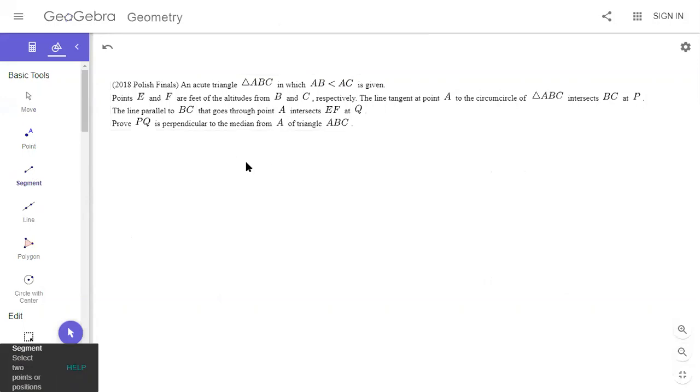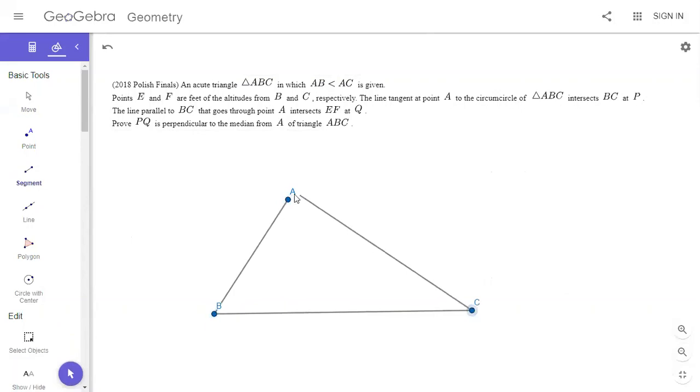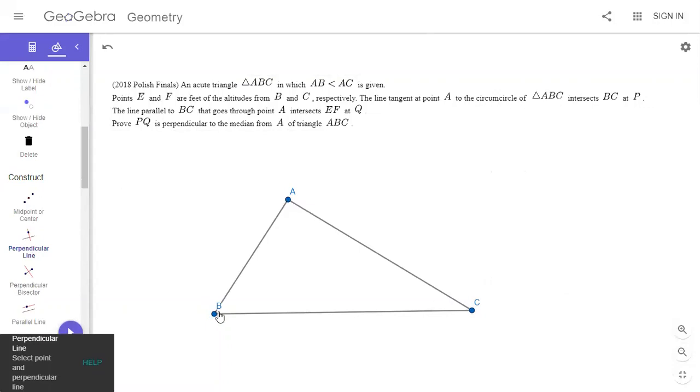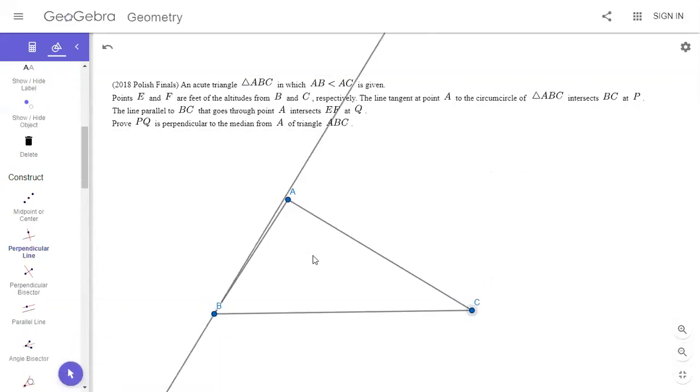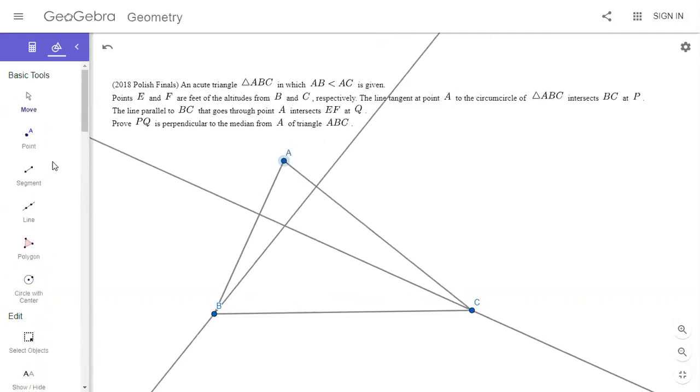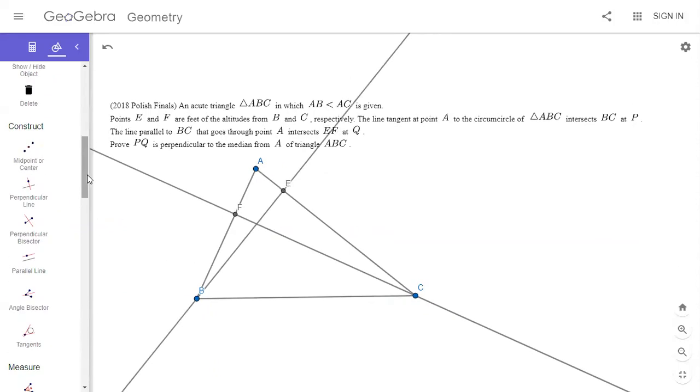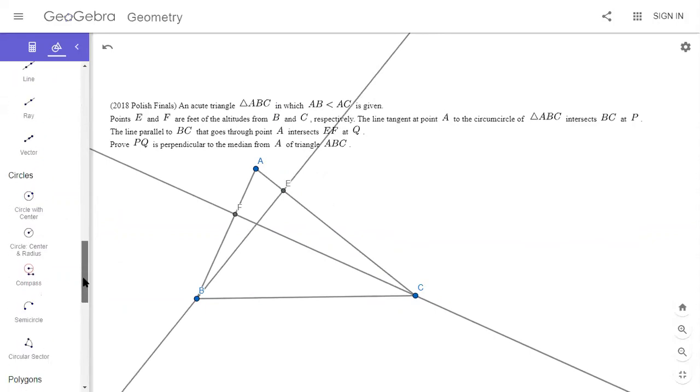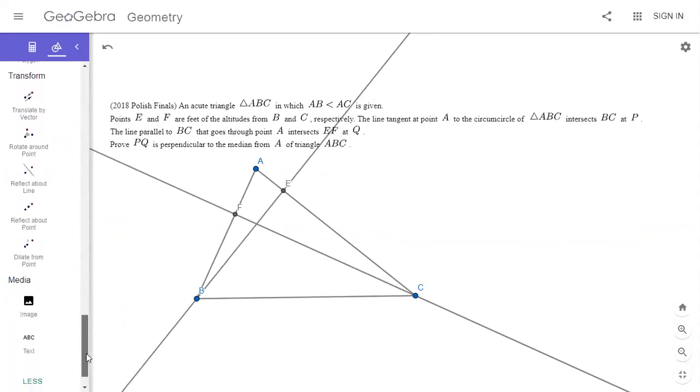So we have a triangle ABC where AB is less than AC. E and F are the feet of the altitudes from B and C. When we draw the tangent to the circumcircle at point A, here's my circle.